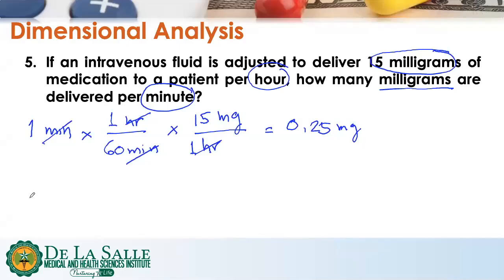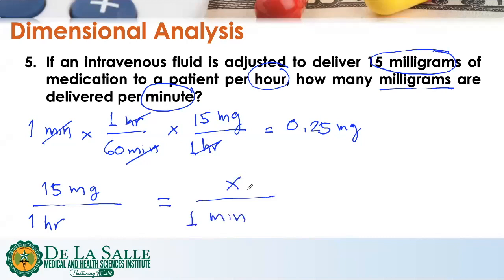Just like in the previous questions, we can also solve this problem using ratio and proportion. We know that 15 milligrams of the drug can be delivered in 1 hour. We need to know how many milligrams of the drug can be delivered in a minute.